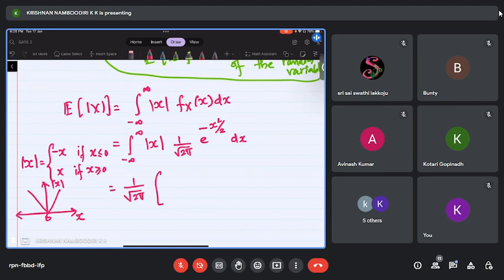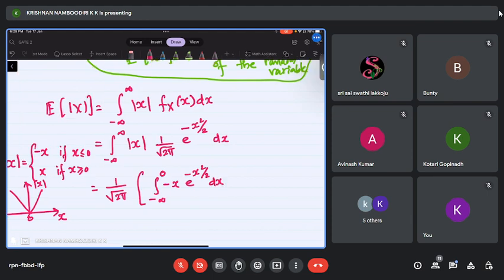So now let us split this integral into 2 using the definition of this modulus function. So integral from minus infinity to 0, modulus of x will be minus x in that range. So e power minus x square by 2 dx, correct?